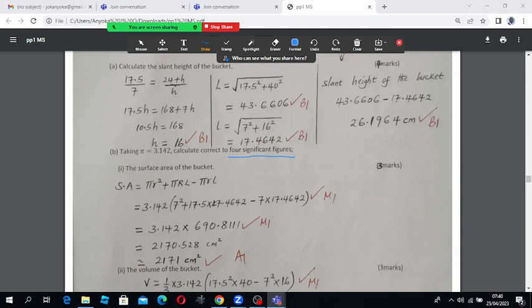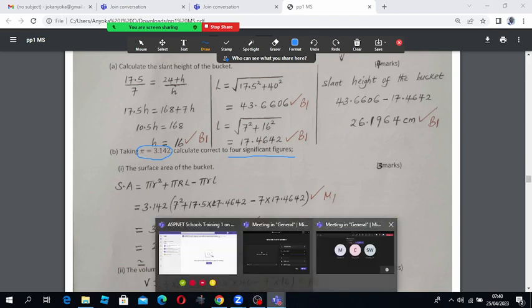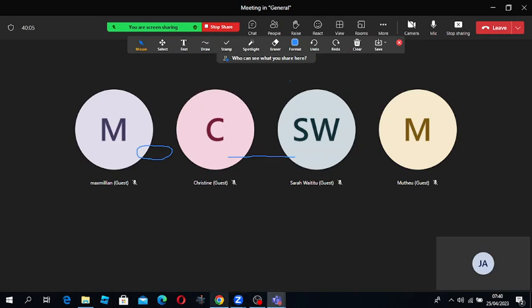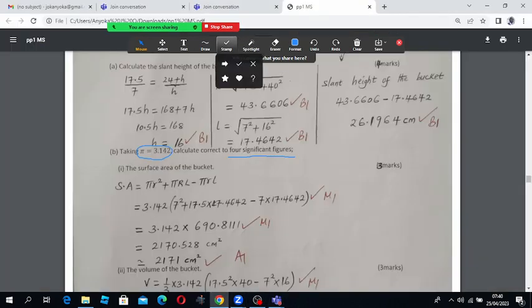Then, also, you must use the pi that you are given. Don't go ahead and use 22/7.